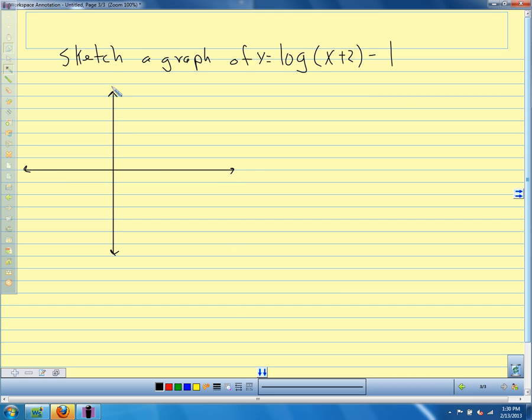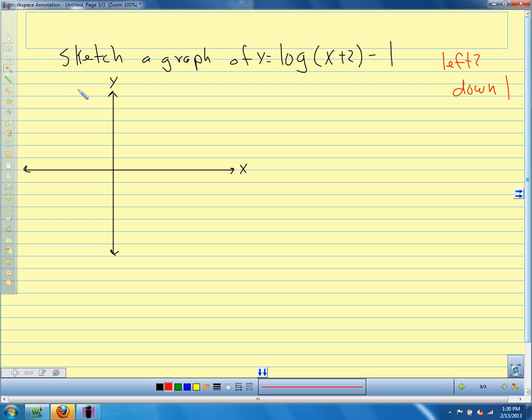So we know that normally an unshifted logarithmic function has a vertical asymptote along the y-axis. We said this shifts left 2, down 1. So our vertical asymptote is going to shift from x equals 0 to x equals negative 2.